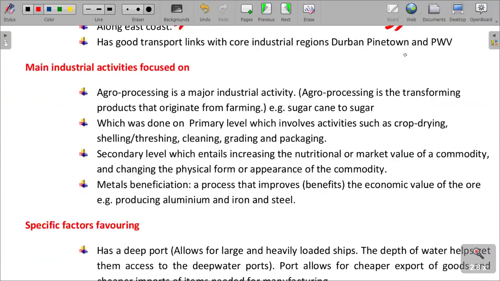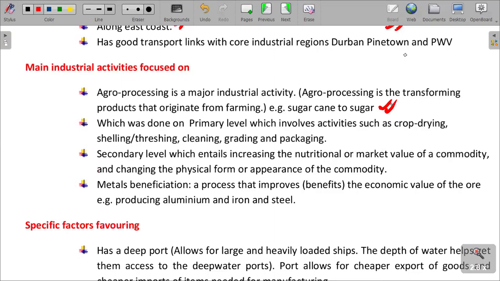The main industrial activities are focused on agro-processing, industrial activity in transforming products that originate from farming, e.g. sugarcane to sugar, that is agro-processing.